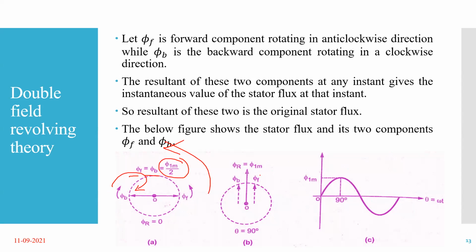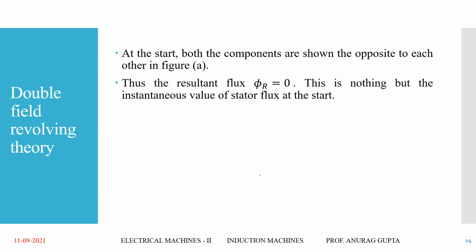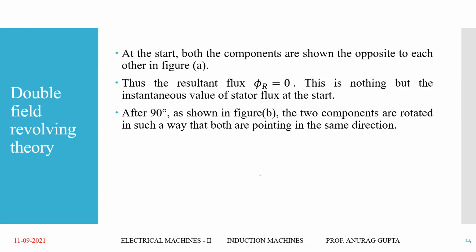At the start, both components point in opposite directions, as shown in figure A. Thus the resultant flux phi r is 0 at the starting, which is the instantaneous value of stator flux at the start. That's why the machine is not self-starting.